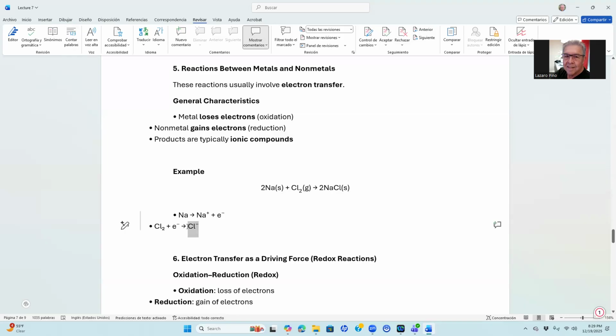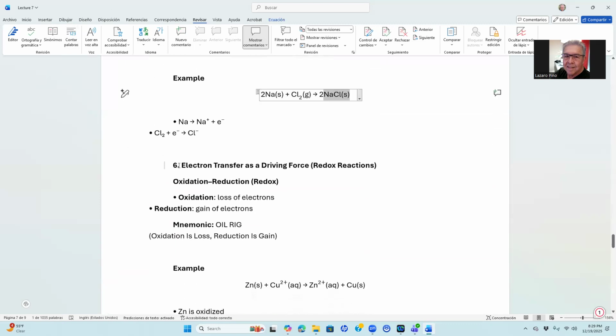And then this anion and this cation make sodium chloride. Okay? This is the reaction between a metal and a non-metal. In this case, we have a transfer of electrons.